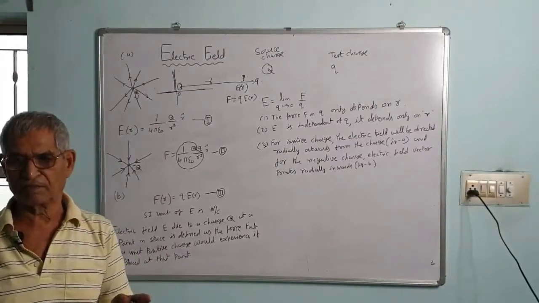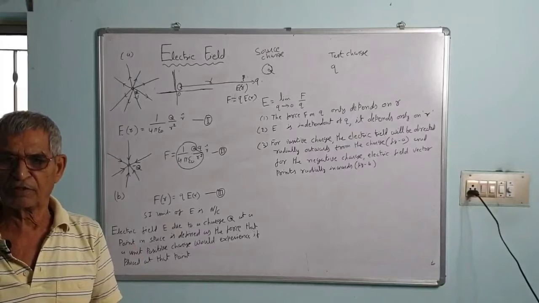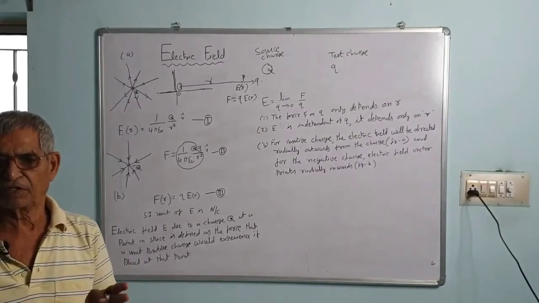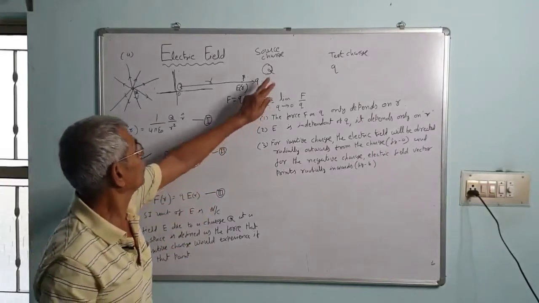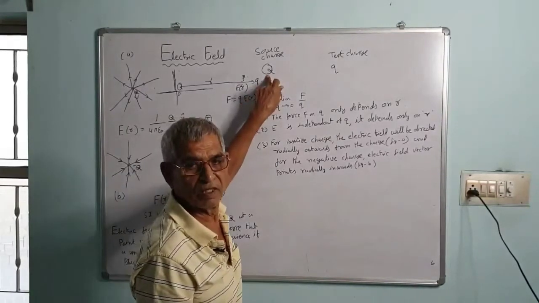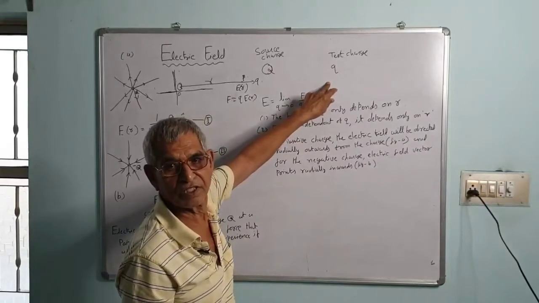So, it is nothing else but the force on a unit positive charge placed at that point in the electric field of a source charge. The capital Q charge is called the source charge and small q is called the test charge.